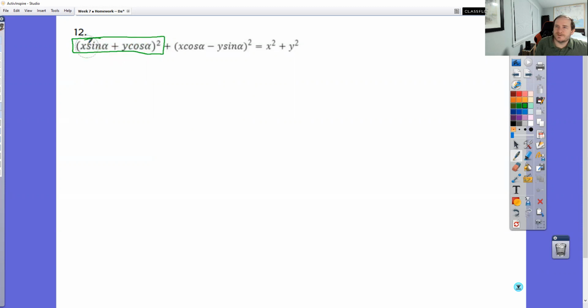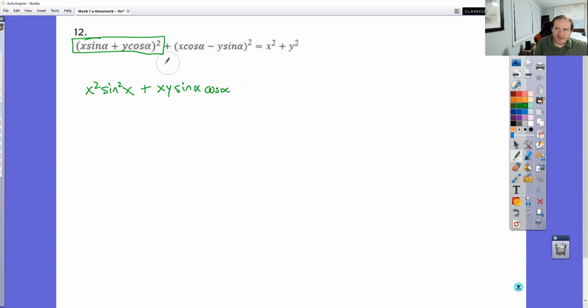So when you square these, x sine alpha times x sine alpha would be x squared sine squared alpha. And then when you do your outers and your inners, well, x sine alpha times y cosine alpha would be the product of an x and a y and a sine and a cosine.